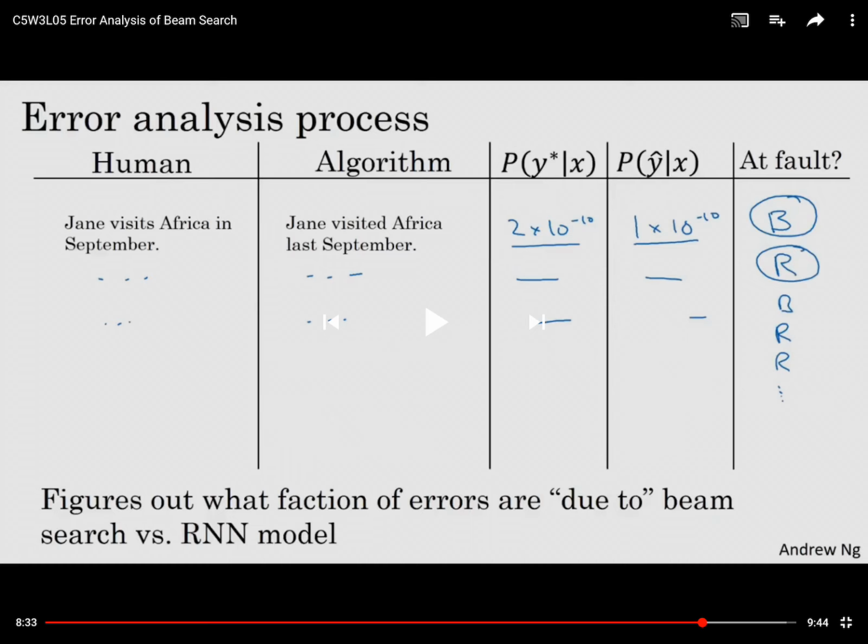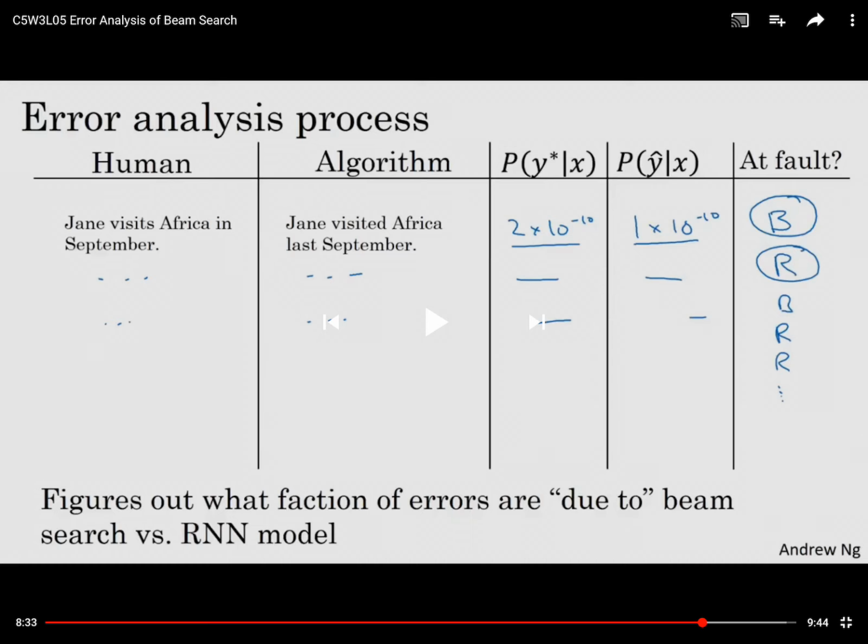So if our predicted answer from this decoding phase was quite different from the ground truth answer, then maybe the cause of such a poor prediction is either this imperfect beam search algorithm, or our improperly learned RNN model, right?